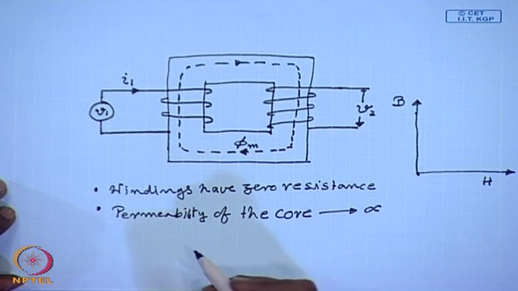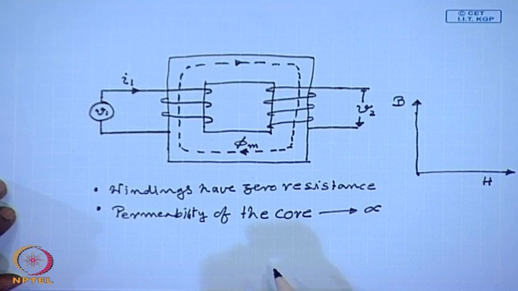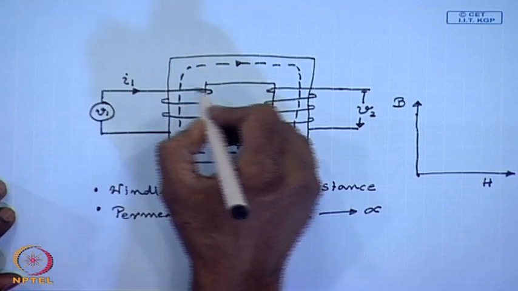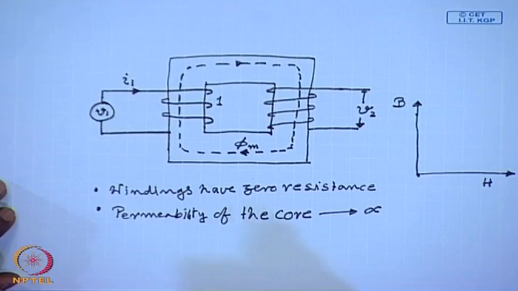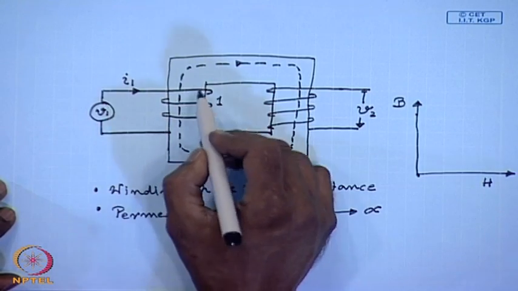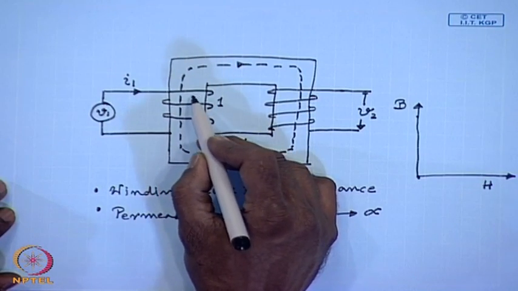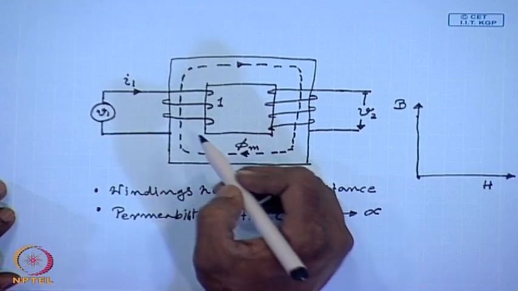As a corollary of this second assumption, since the permeability of the core is infinity, there will also be no leakage in this construction, that is, all the flux produced by coil 1 will be confined inside the core and there will be no flux flowing through the air.